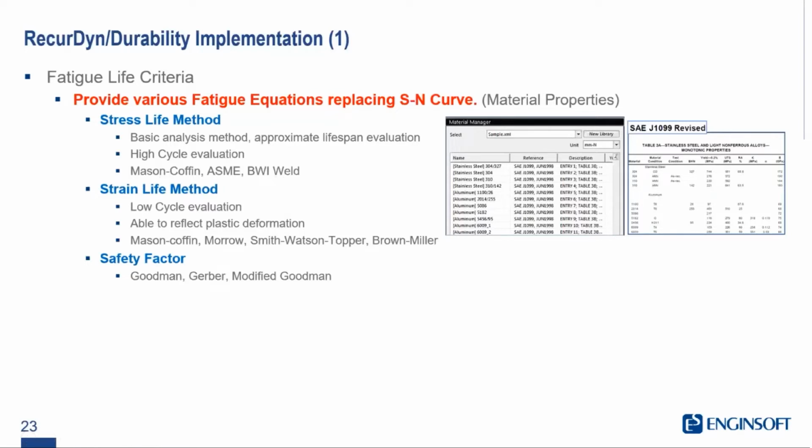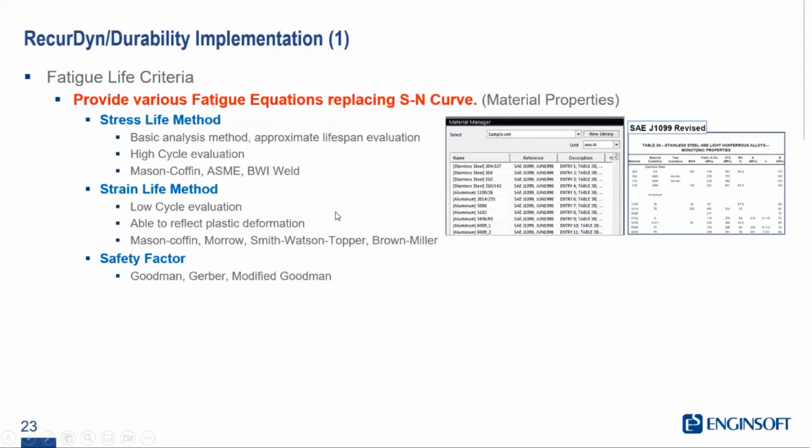Looking at low cycle type problems, like how we had talked about low and high cycle regimes, for low cycle scenarios it's better to use strain for approximating the life. Those can deal with plastic deformation.